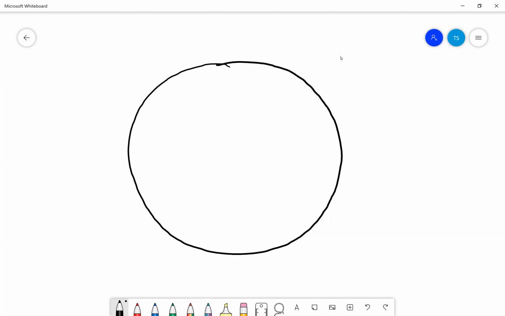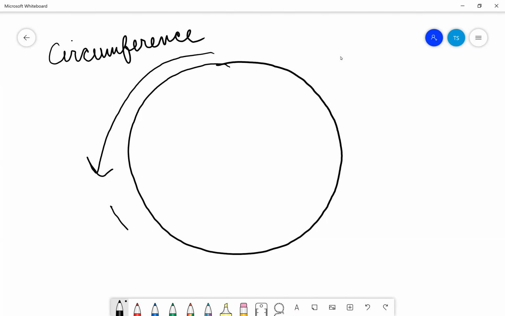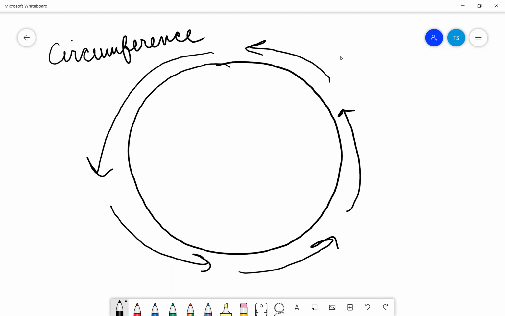I'm going to write up here circumference. The circumference of a circle is the measurement of the outside of the circle. It's a little bit trickier than measuring a square, right?